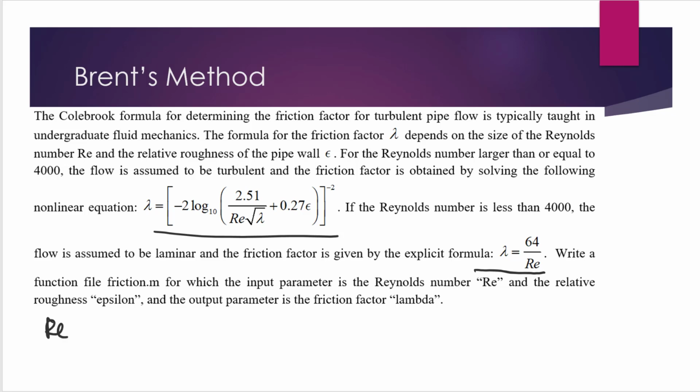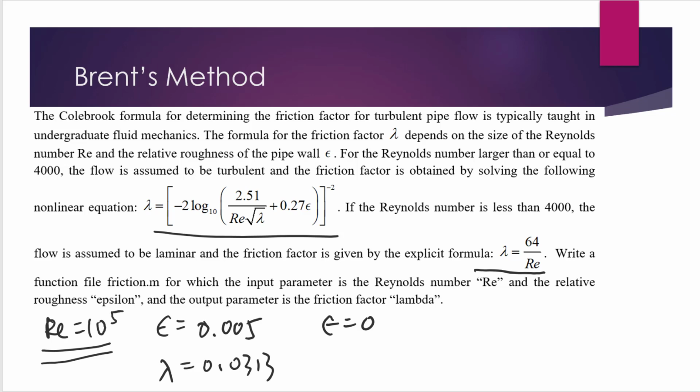When Re is equal to 10 to the power of 5 and epsilon is equal to 0.005, lambda will be equal to 0.0313. And when epsilon is 0 and the Reynolds number is still 10 to the power of 5, lambda will be equal to 0.0180. So you can use this information to check if your codes are correct.